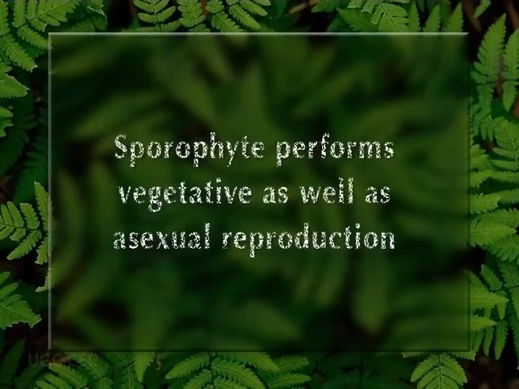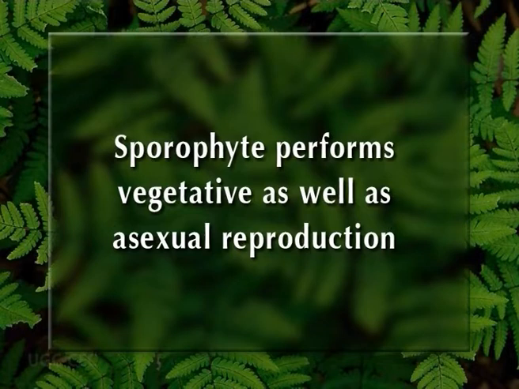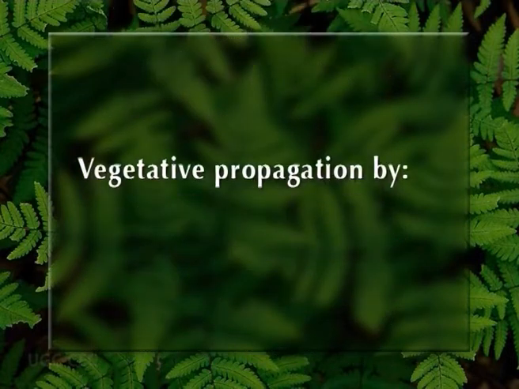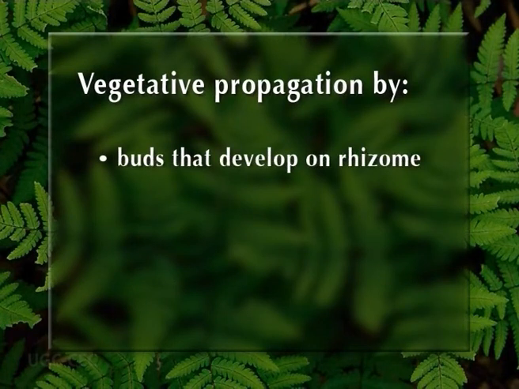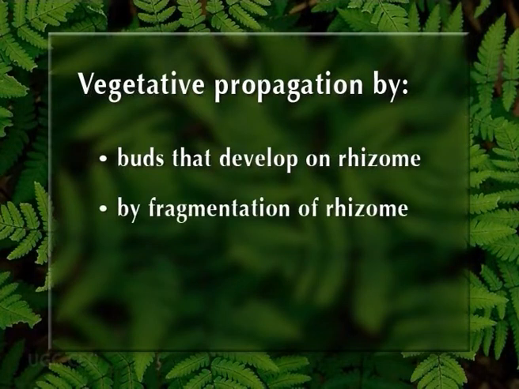The diploid sporophyte performs both vegetative and asexual reproduction. The vegetative propagation takes place by buds that develop on the rhizome, or by fragmentation of the rhizome.